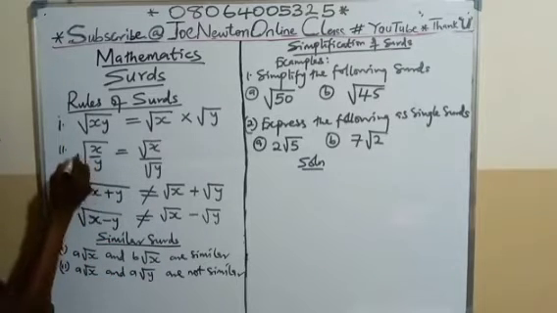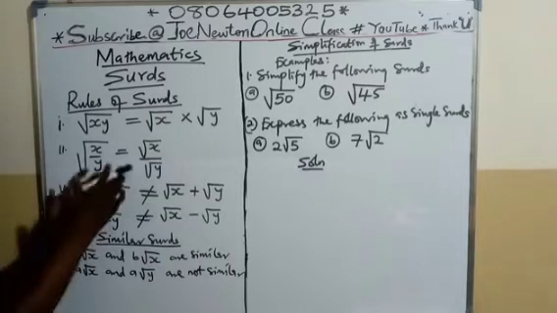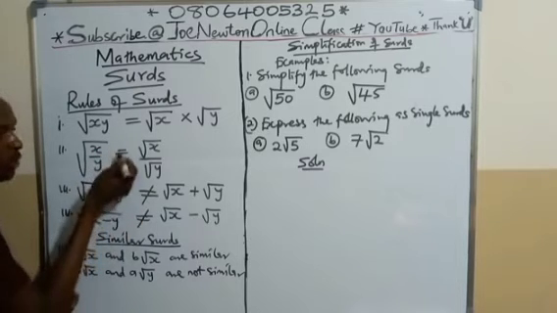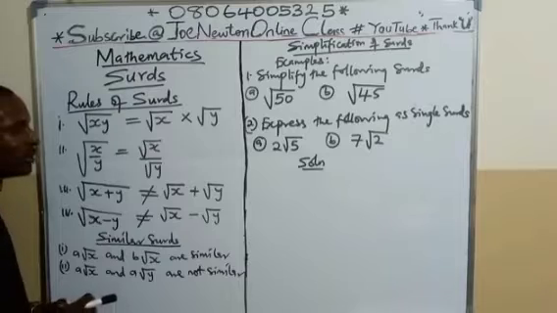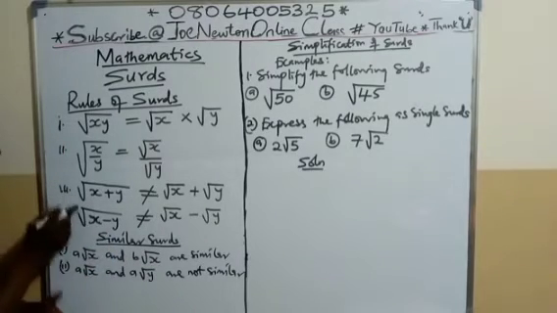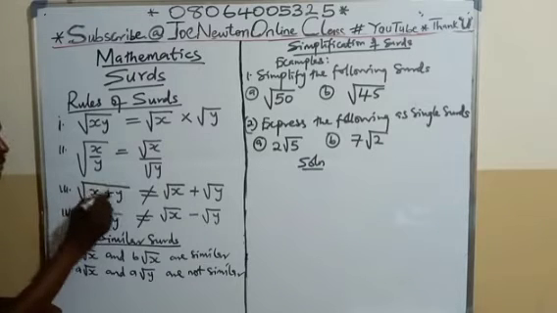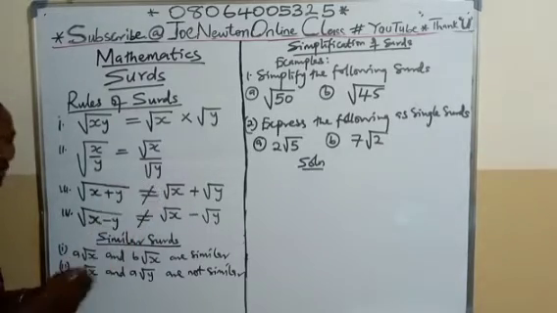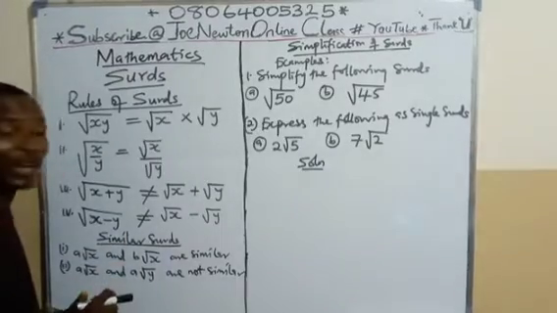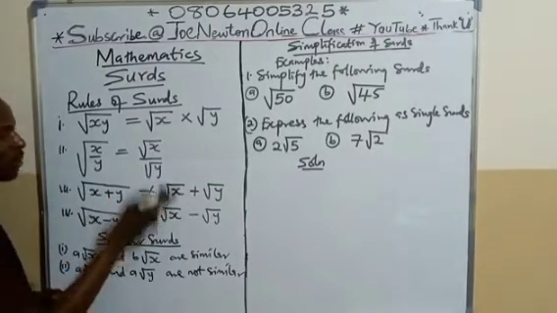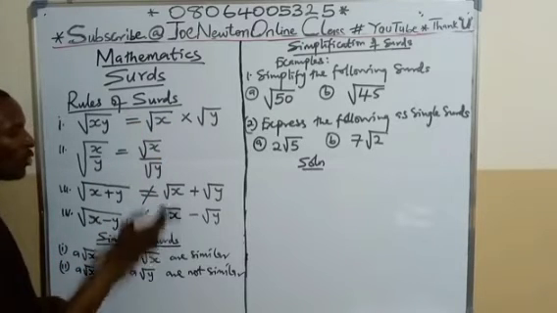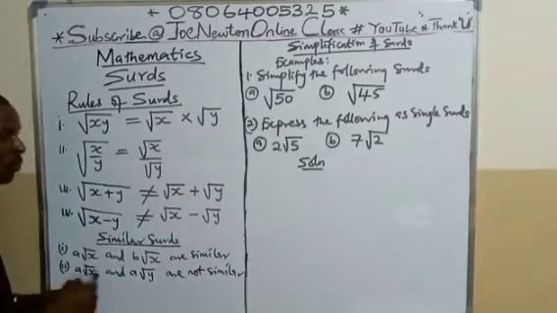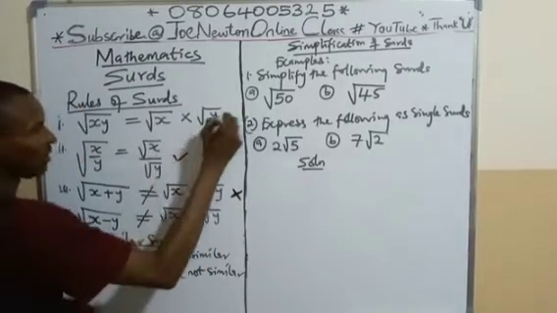So if we have root of x over y, it can also be expressed as root x over root y, and they are equivalent. Then, if you have the surd root of x plus y, it is not equal to root x plus root y separated. This cancellation means it is not equivalent, it can never be. It is an error to write it this way. This one is correct.